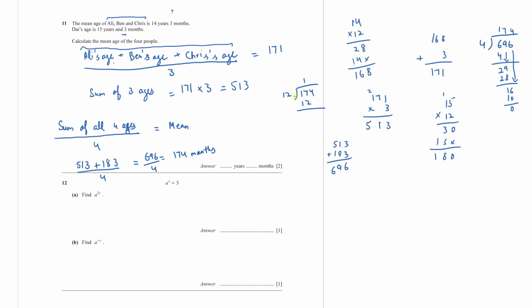So I divide 174 by 12. I get 5 here and then 54. So 12 fours are 48. So 14 minus 8 is 6, and then this is 0. So your answer is 14 years, and the remainder here is 6. So 14 years and 6 months is the mean age for these four people.